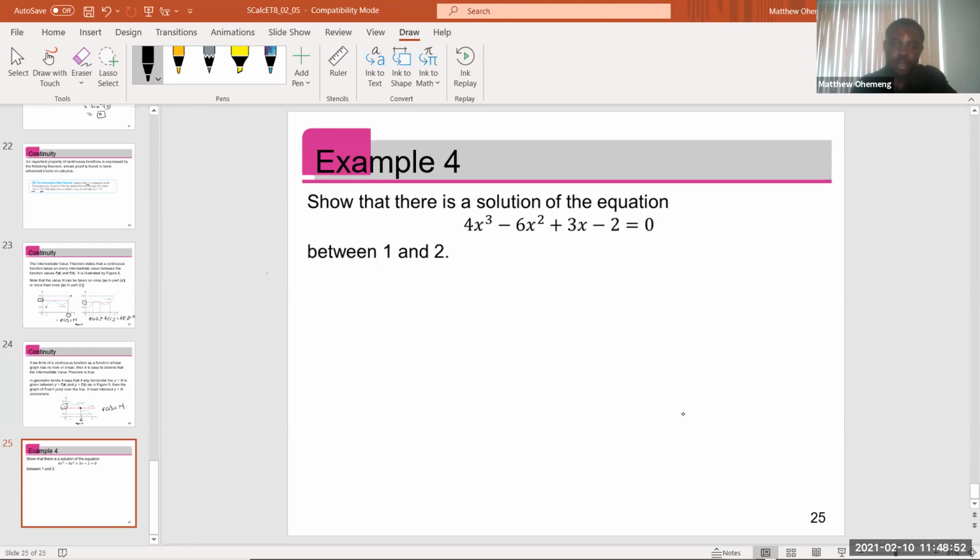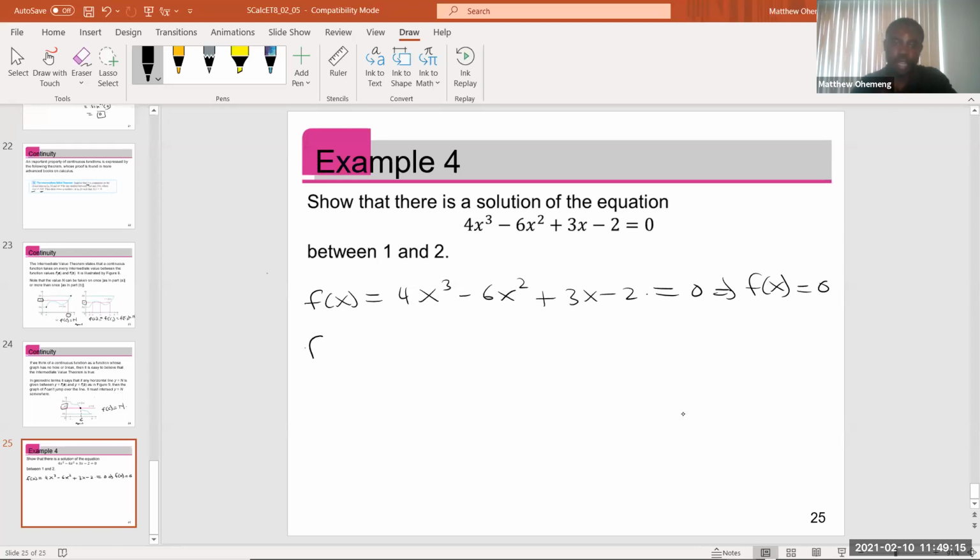So first, note that f of x is equal to 4x cubed minus 6x squared plus 3x minus 2, right? You are trying to look at f of x as some x which makes the function 0. Okay, now how do we know this x will be in between 1 and 2?